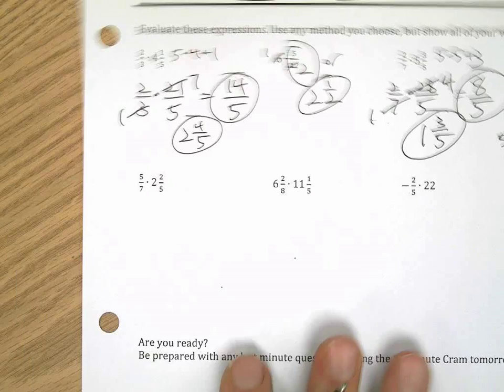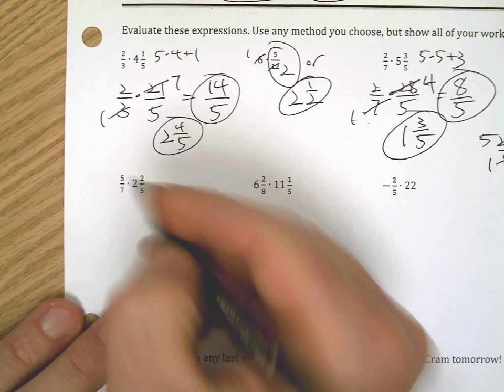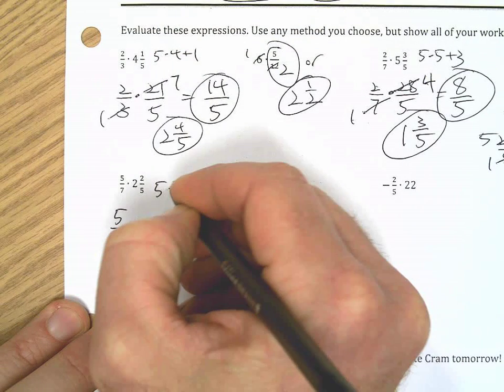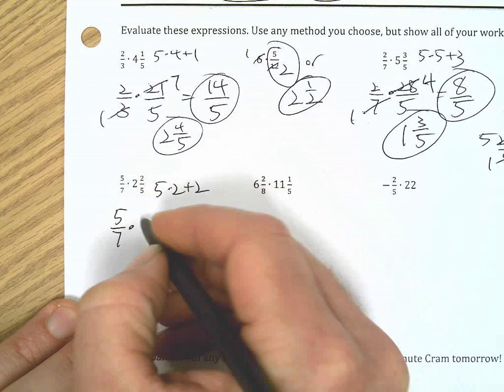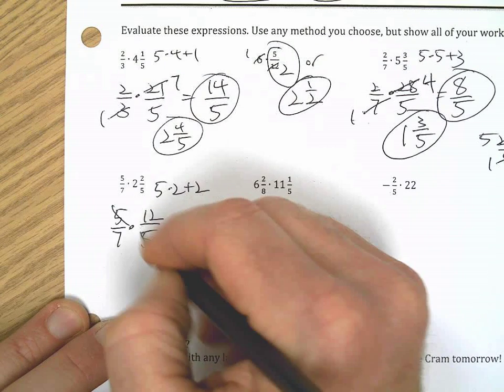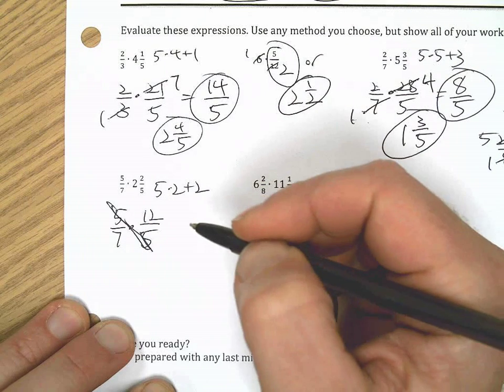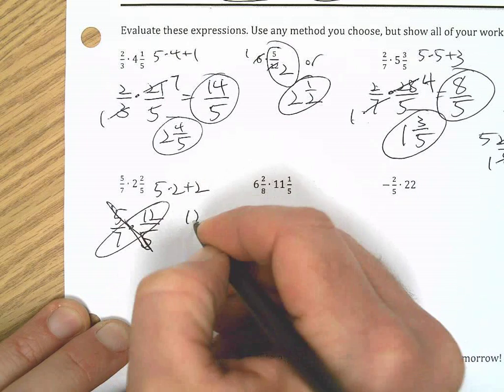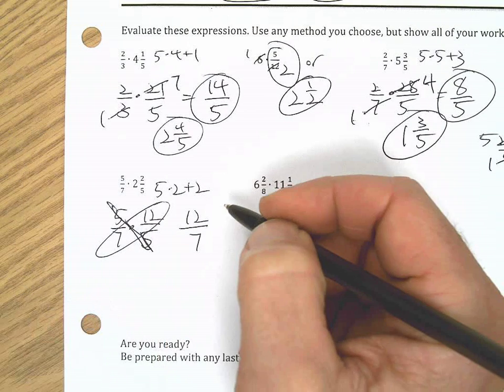So the answer here is 15. I've got 4 left. I'm going fast. 5/7 times 5 times 2 plus 2 makes 12/5. Check that out. We've got a 5/5, which makes, holla, 1. So the answer is 12/7.